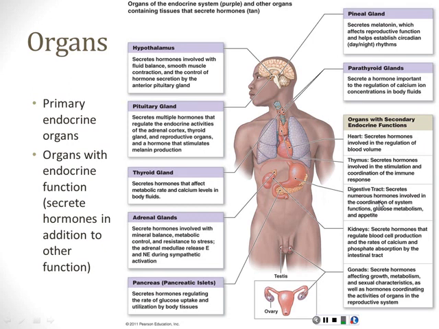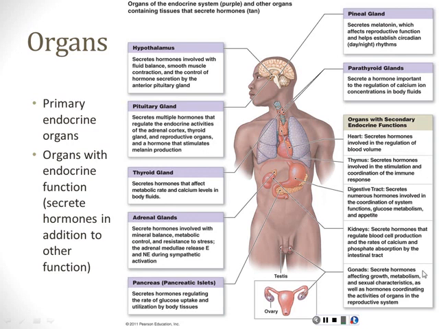But it also releases a number of hormones to control itself, as well as to control the body's overall metabolism. So when we get to the digestive tract, we'll talk a little bit about some of those hormones, like gastrin and secretin and cholecystokinin. But we won't talk much about those in this chapter.